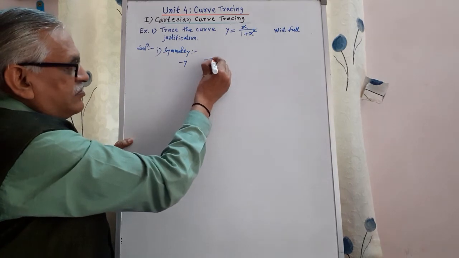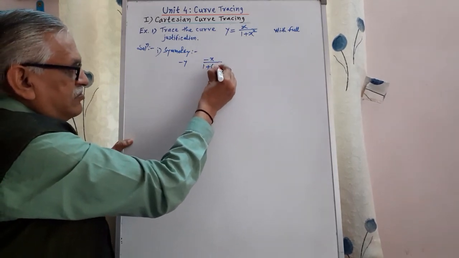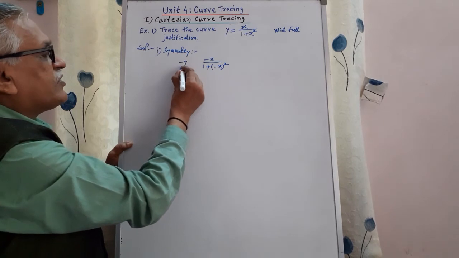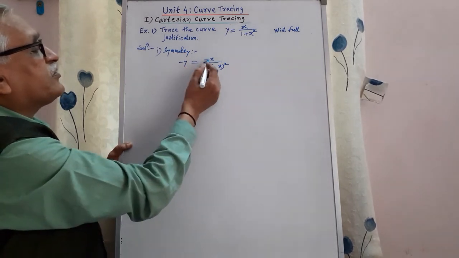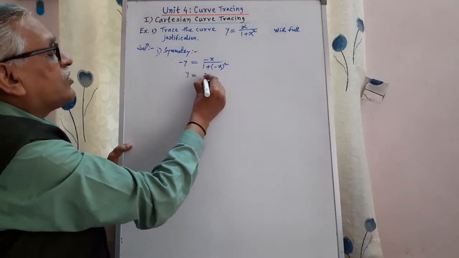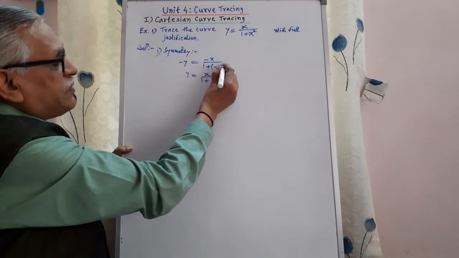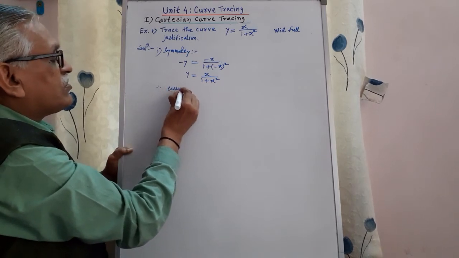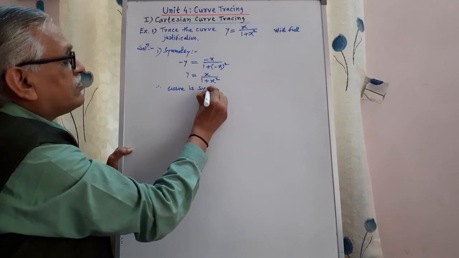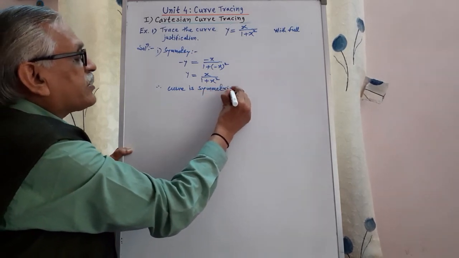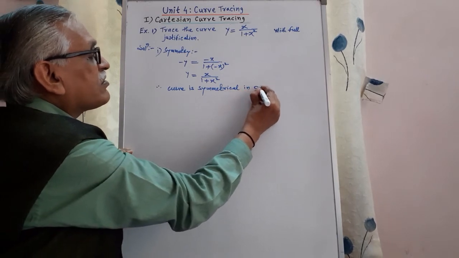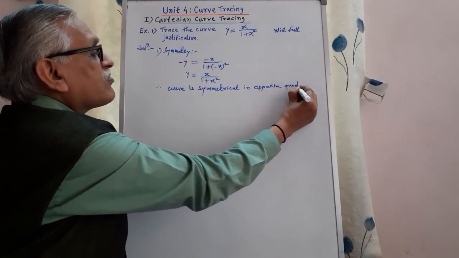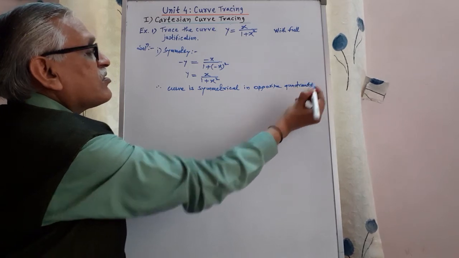and x by minus x, this becomes minus minus, it becomes plus, therefore y is equal to x upon 1 plus minus x bracket square is x square, and as no change is there, therefore curve is symmetrical in opposite quadrant.